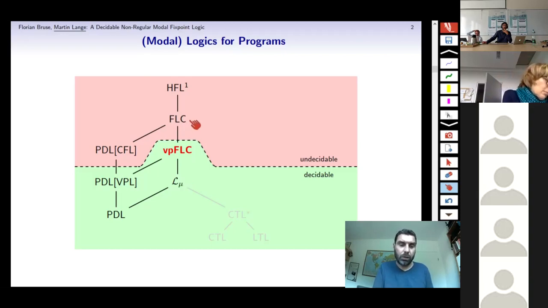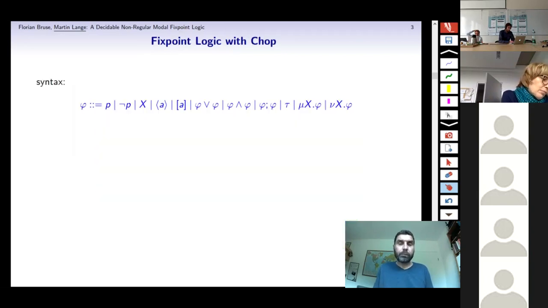So the first thing we need to do is look at what this FLC is. If you look at the syntax, you first think, oh, this looks like the modal mu calculus. Yes, you have Boolean operators, fixed points, and then these modal operators. But it's not quite the same; there are some subtle and important differences. For instance, the modal operators in FLC are constants, not unary operators.